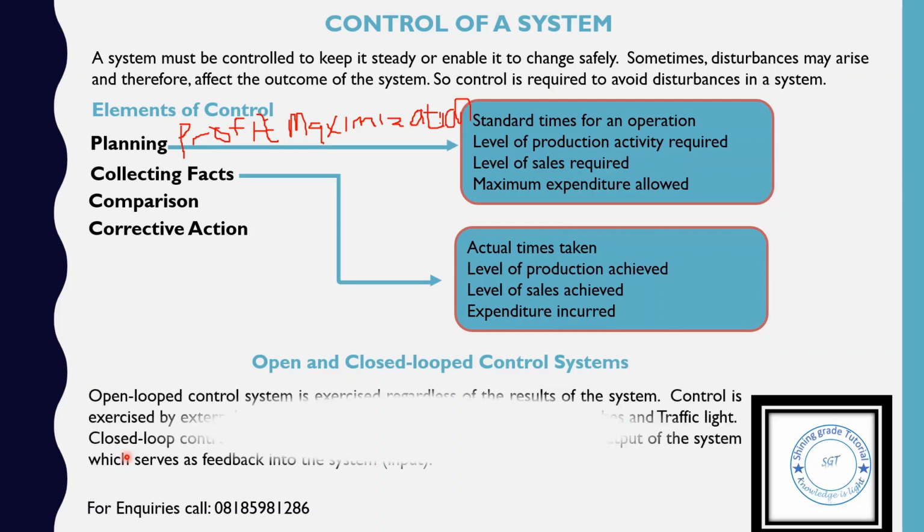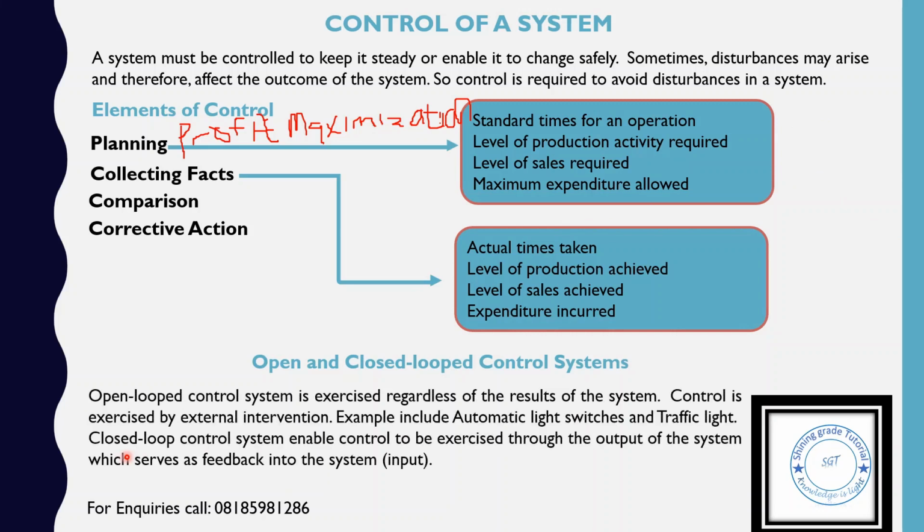Now let's look at the aspect of open and closed loop control systems. In an open loop control system, our emphasis is on the system, but we do not in any way depend on the result of the system.